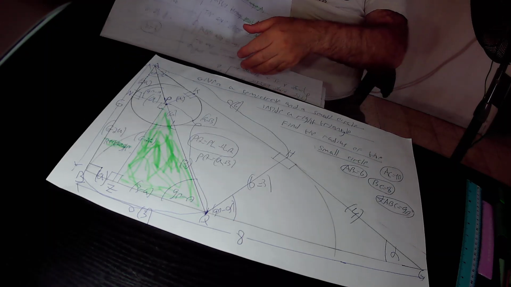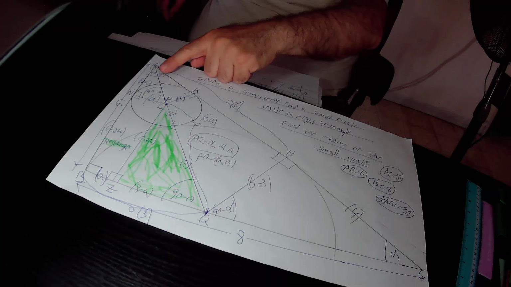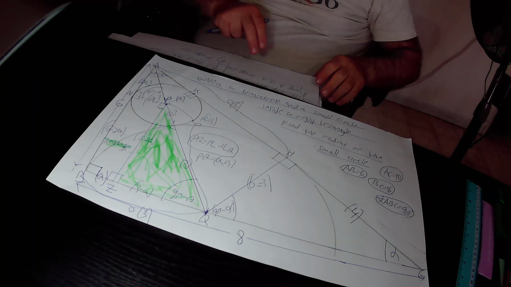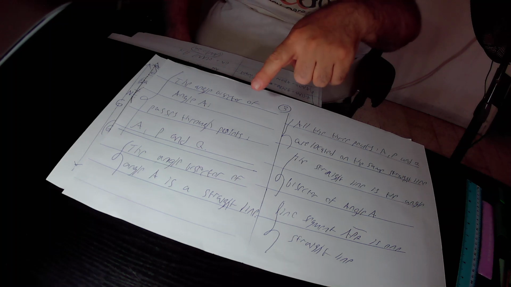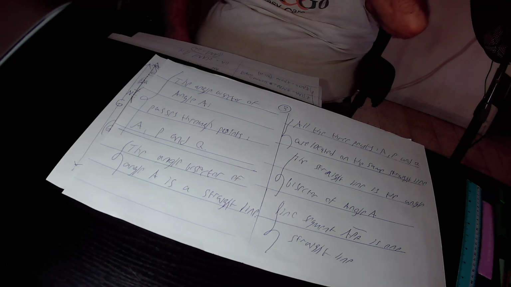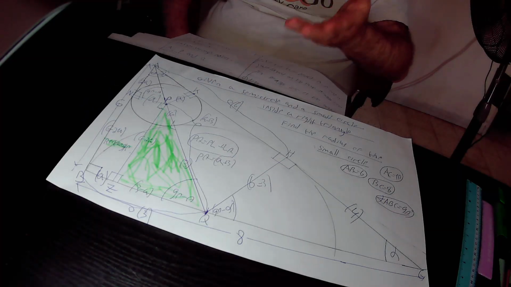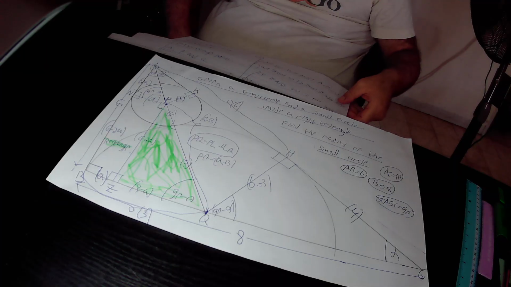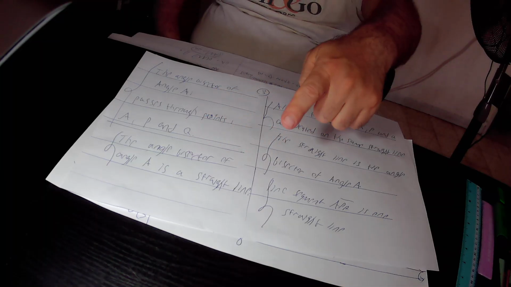In conclusion, we found out that the angle bisector of this angle A passes through points A, P and Q. But the angle bisector of any angle is a straight line, and especially the angle bisector of this angle A must be a straight line.